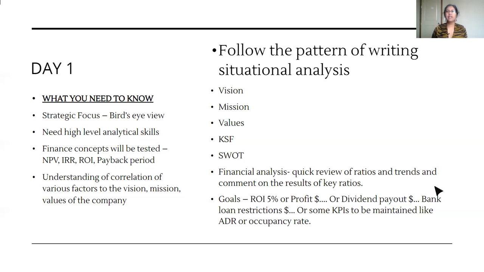Now some are very specific to the case. For the hotel industry, it is very important to maintain the ADR, the average daily rate, or the occupancy rate for the month, the quarter, or the year, and they have their targets based on that. So some ratios or key performance indicators, KPIs, would be very specific to that industry.